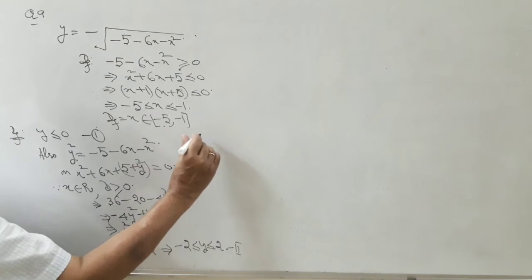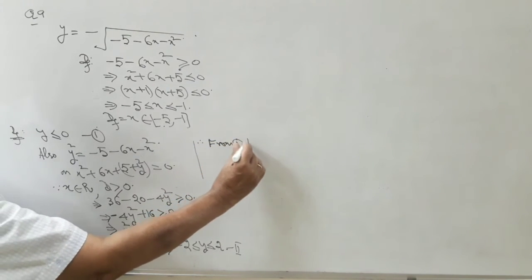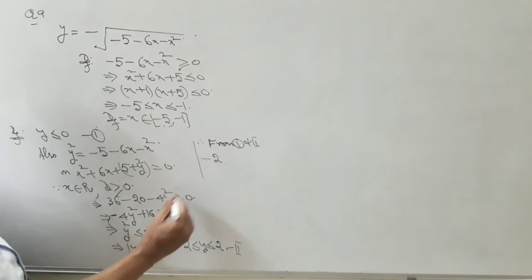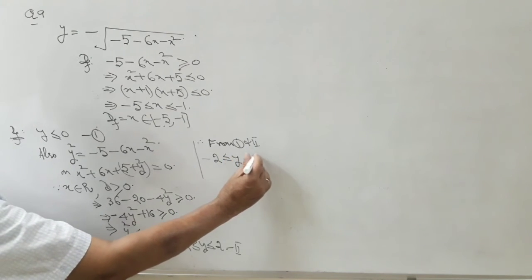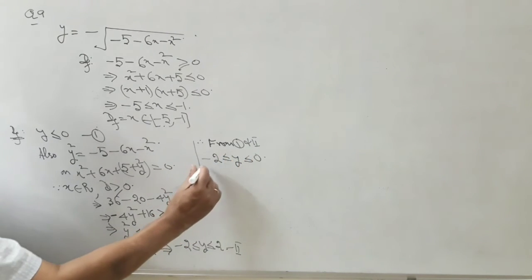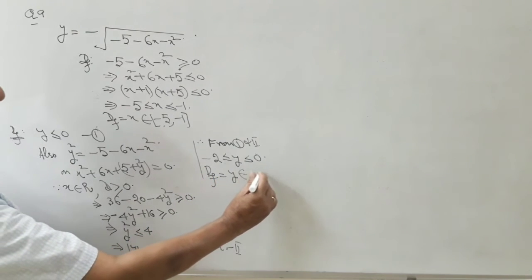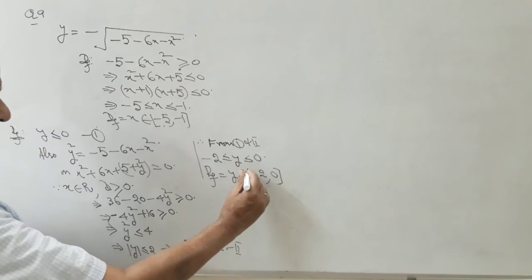So we say therefore from first and second we have minus 2 less than equal to y less than equal to 0. So the range of the function is y belongs to minus 2 to 0 closed.